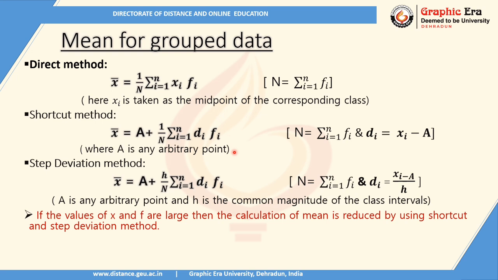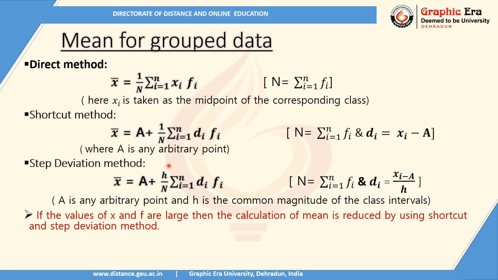We have to assume a number from the given x and let it be a, and when we subtract this a from all the given data, that is all the x, then we find the d. D is the deviation. So di is equal to xi minus a.